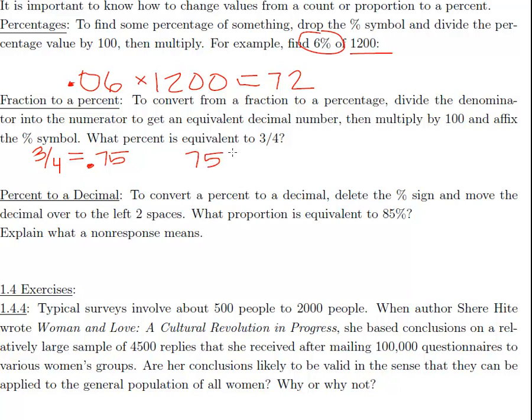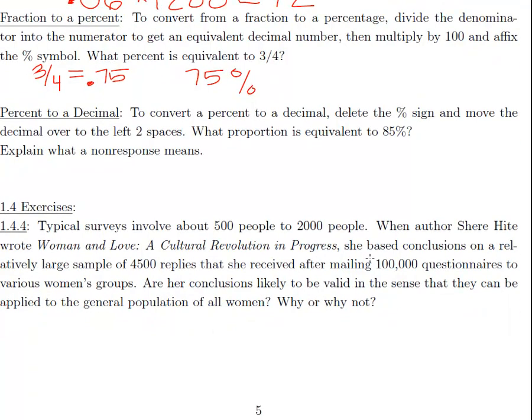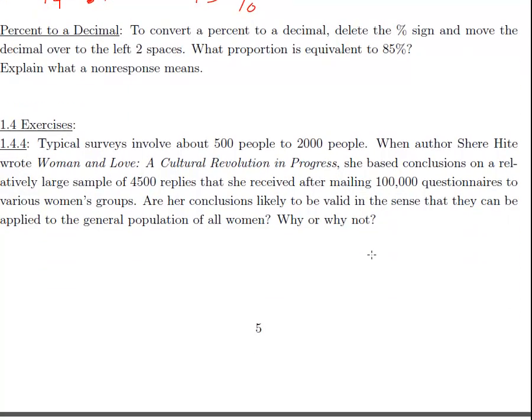So 0.75 is equivalent to 75%. And then to make a percent into a decimal, I just move the decimal over 2 spots. So 85%, I would just move the decimal over to 0.85.